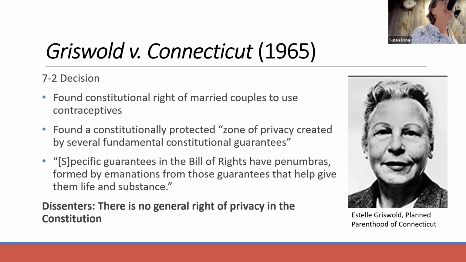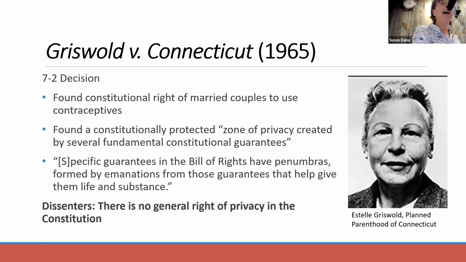So the idea is that, okay, so the Constitution doesn't say privacy, but it's obviously implied in all of this. And we can't have true liberty from the government, freedom from government interference, unless we have privacy. So it's a penumbra and an emanation in there.